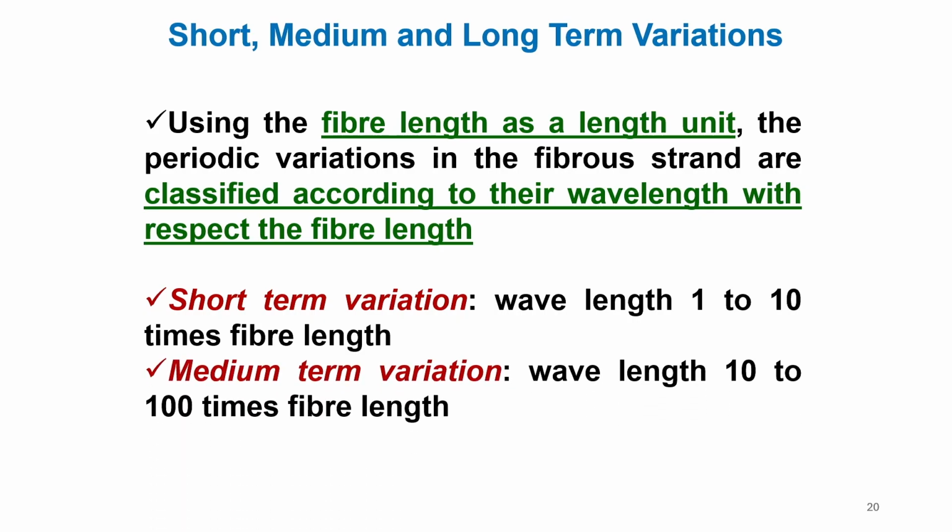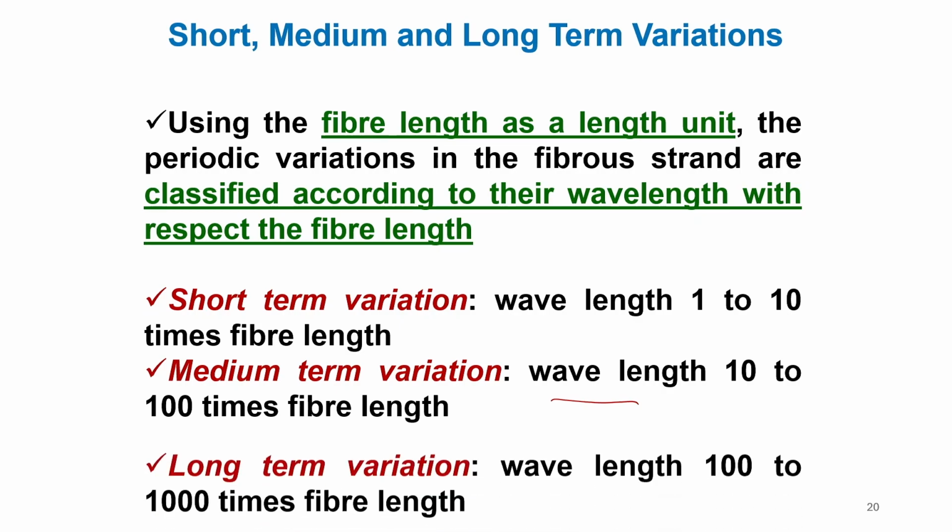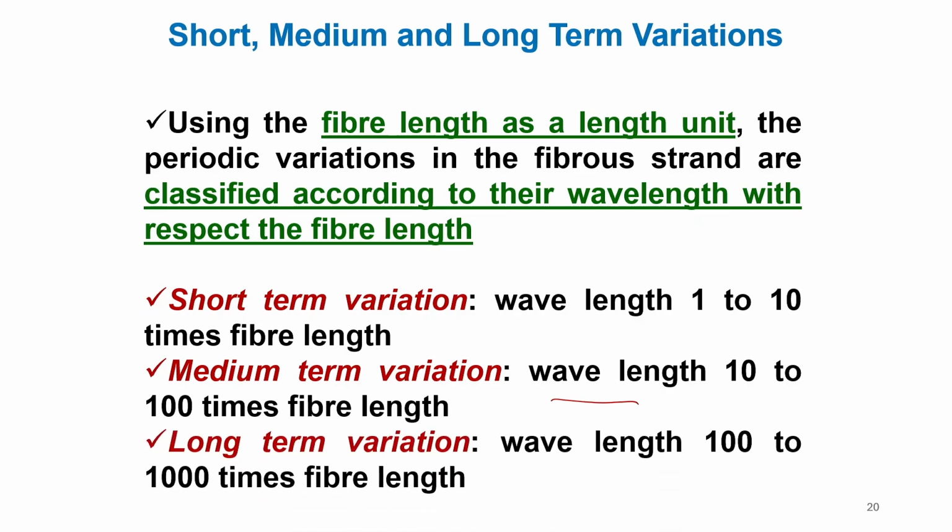And if the wavelength is 10 to 100 times the fiber length, then it is termed medium term variability. And if the wavelength is more than 100 times, then it is called long term irregularity.